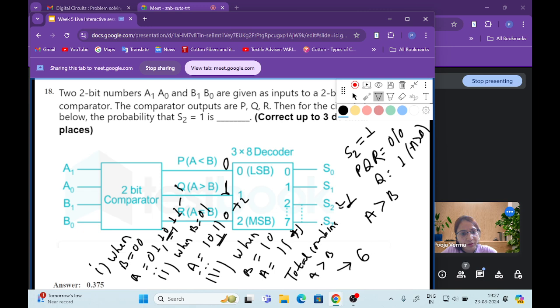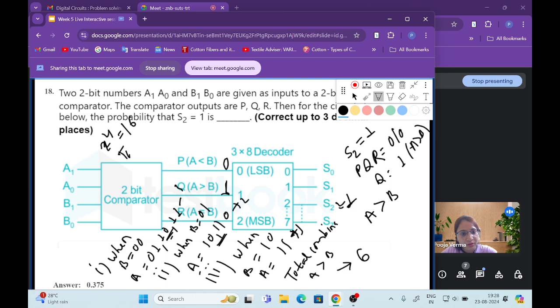Now, in order to find out the probability, we have to find out the total comparison that will be occurred. Okay, so here 4 bits are there. So 2 to the power 4 means 16 combinations and 16 comparisons we have to make. So total number of comparison is 16, right?